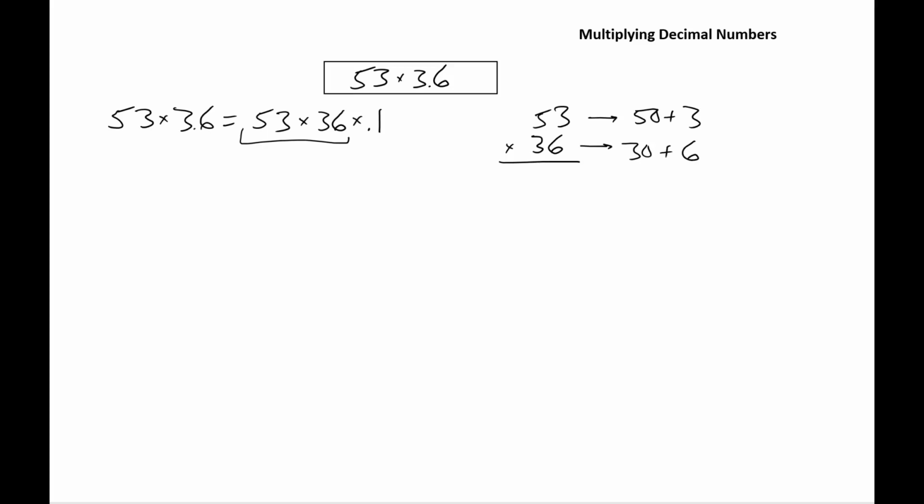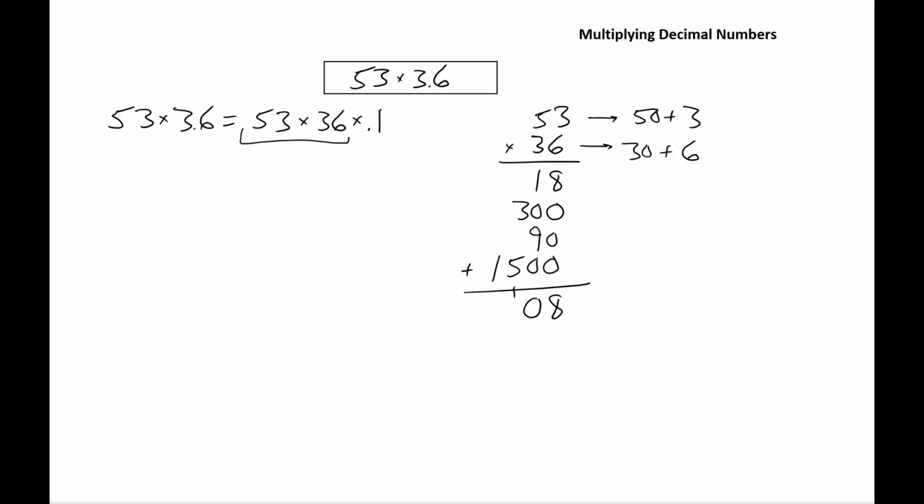And we use the distributive property to do our multiplications. So 6 times 3, 18. 6 times 50 is 300. 30 times 3 is 90. And 30 times 50 is 1500. Add all these together.